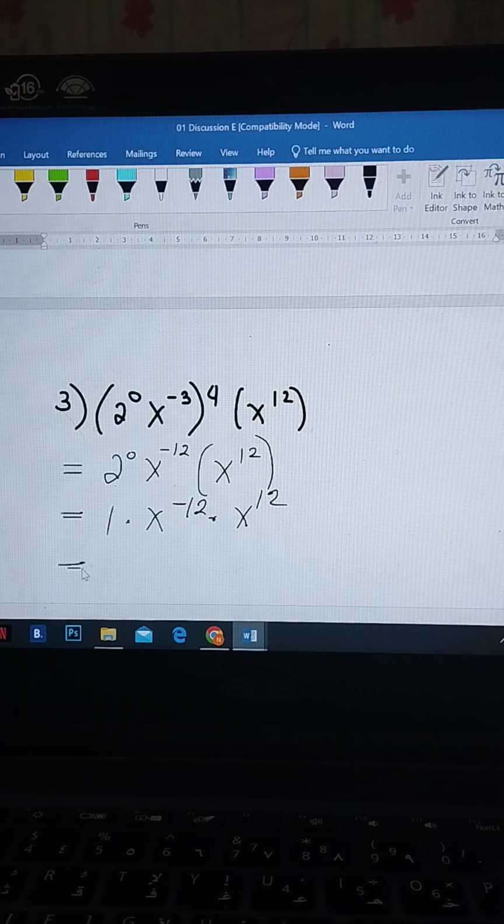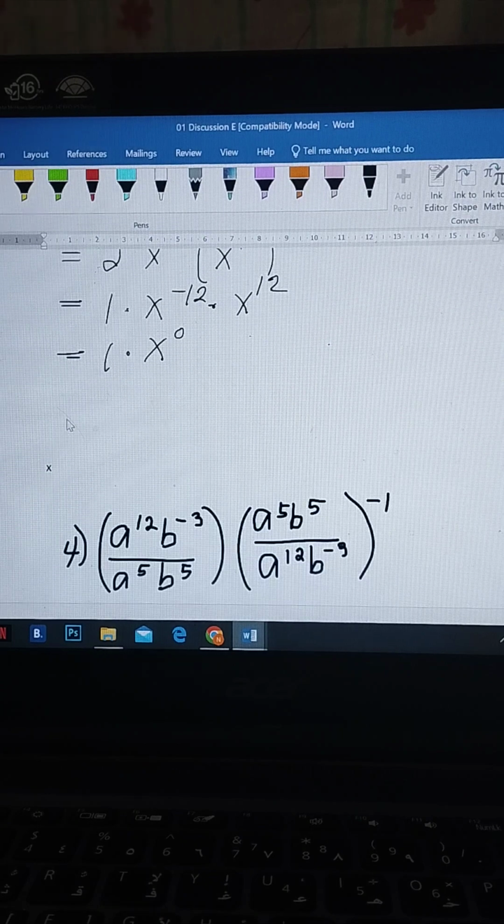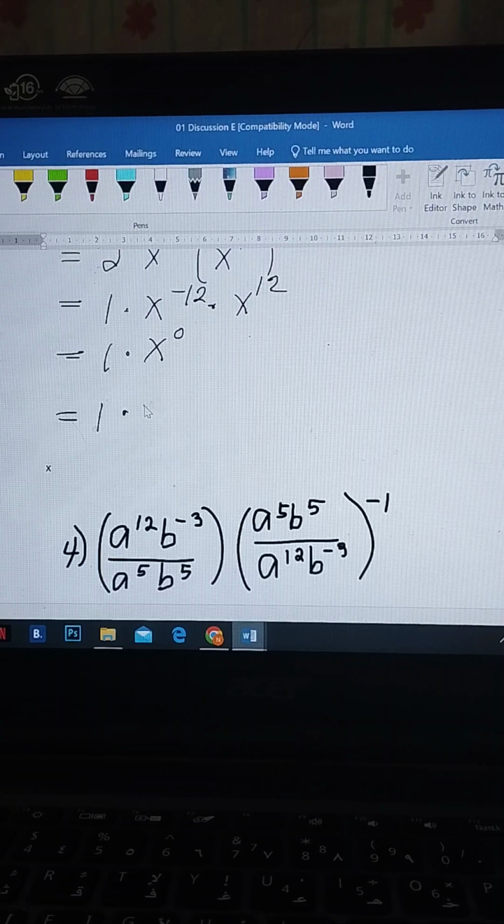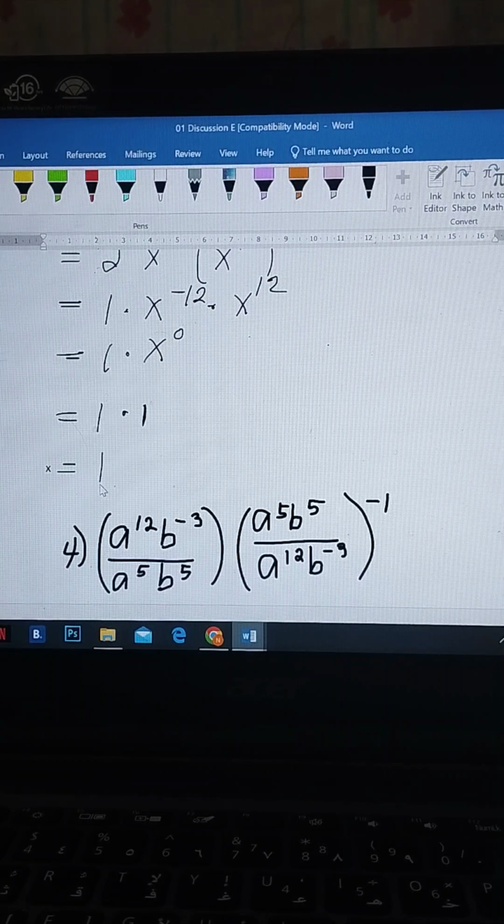So that is now equal to 1 times x raised to negative 12 plus 12, which is again 0. So that is now equal to 1 times 1 because x raised to 0 is equal to 1. So final answer is 1.